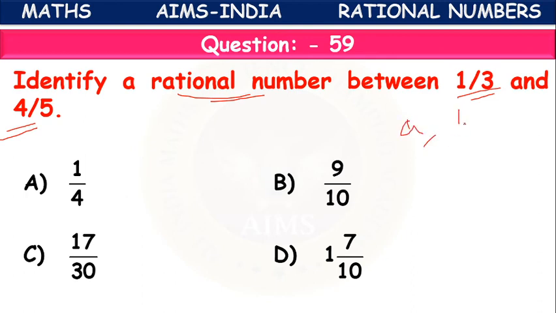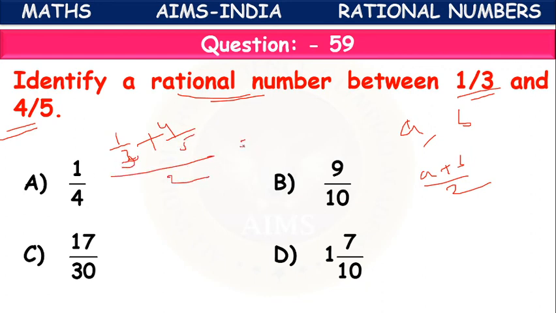Next, identify a rational number between 1 by 3 and 4 by 5. Already we have learnt the rational number between A and B is A plus B by 2. So it is 1 by 3 plus 4 by 5, by 2. What is the LCM of 3 and 5? 15. 3 5 times 15 into numerator 1, 5 3 times 15 into numerator 4, by 2. 5 1 is 5, 3 4 times 12.